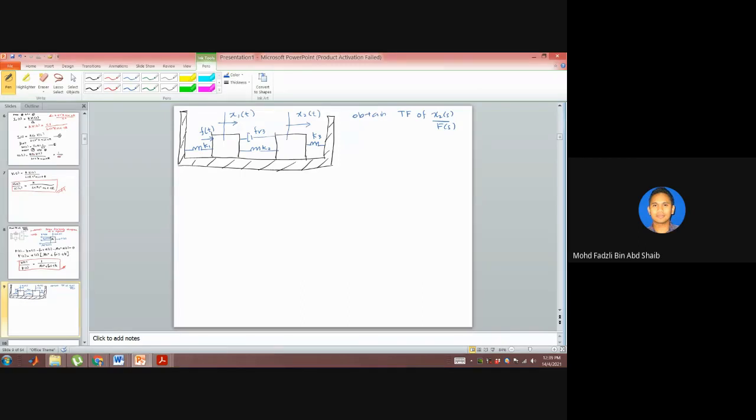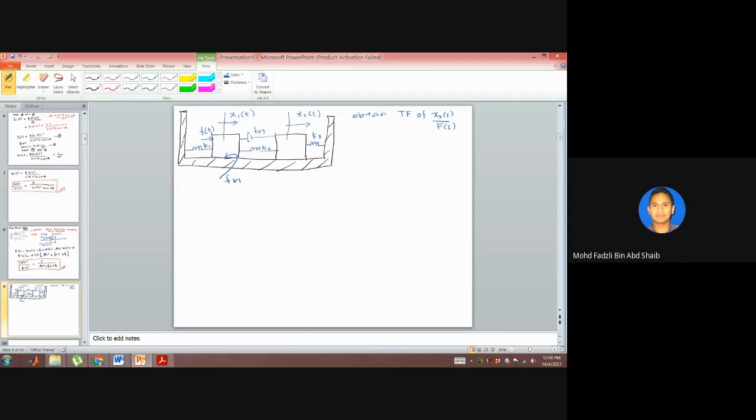If they show something like friction, it means the surface is not smooth. If the question says the floor is smooth, the word smooth means frictionless.